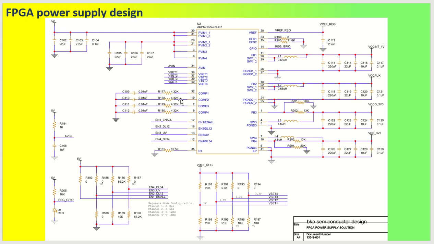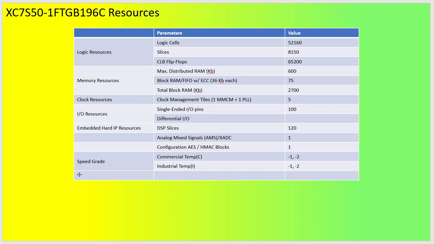so we'll talk about all these things, like how we can go ahead with power supply designs and power sequencing. Before that, we'll quickly look at the resources of the FTGB196 package, which is going to be XC7S50. You remember, this is an AMD FPGA from the Spartan 7 series.